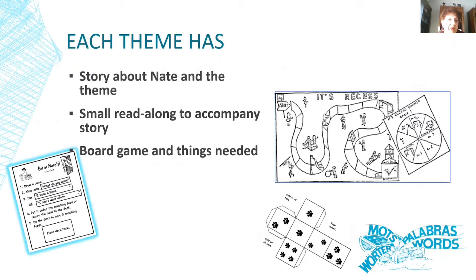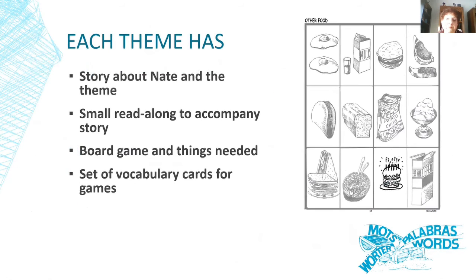So then after that, there are the board games and the things that you need to play the game. So here's the It's Recess game. There's the directions for Eat at Nate's, which goes to the restaurant unit, and a die. And finally, there is a set of cards. These are just the size to play a small card game.